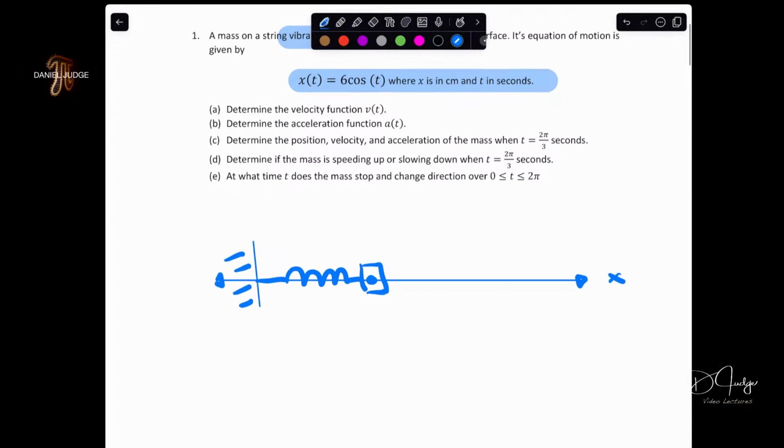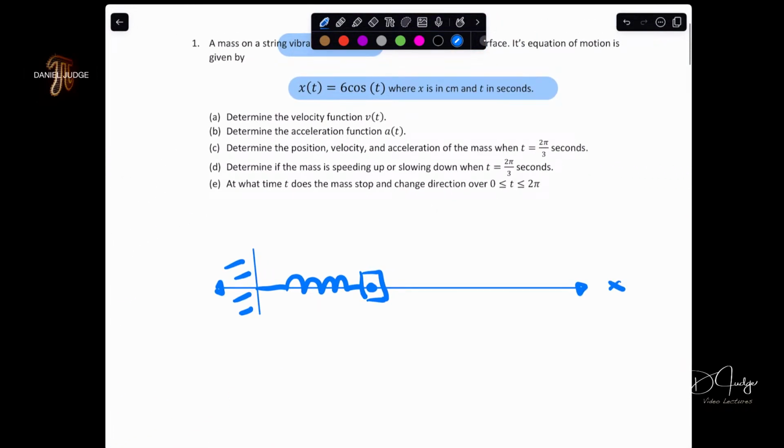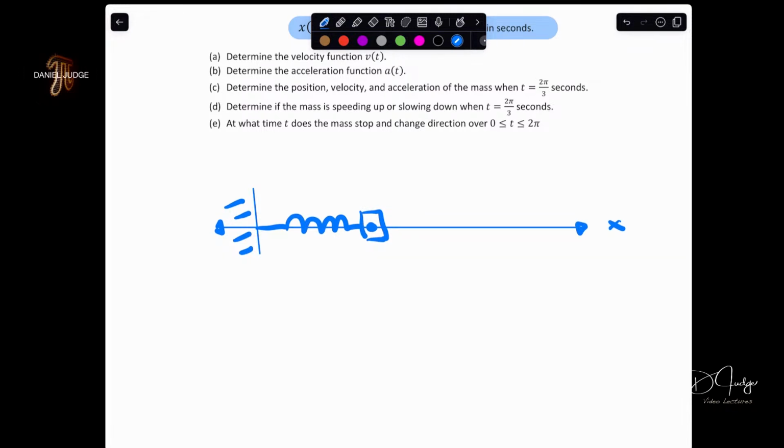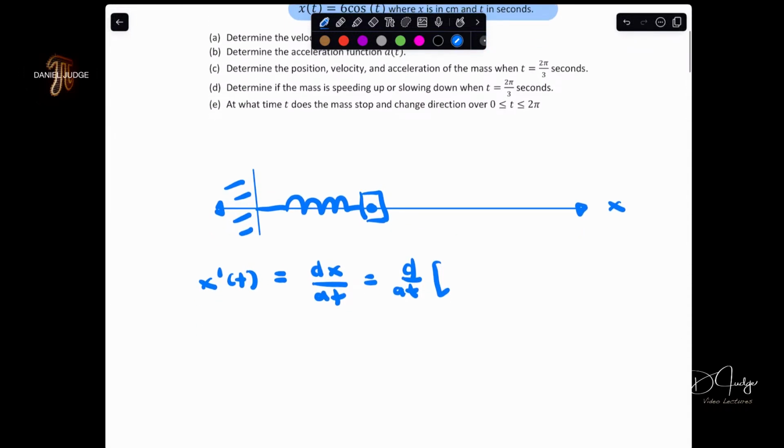So they want us to determine in the first part the velocity function. Now, velocity is the first derivative of your position function. So this is in some ways dx/dt. I'll use operator notation. If they want that velocity function, just differentiate the position function, which is 6 cosine t.